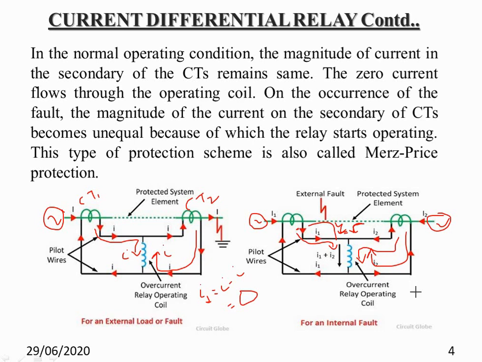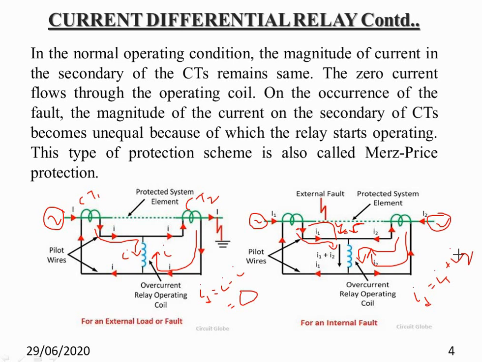So what is the differential current? Here the differential current will be Id equal to I1 plus I2. As this difference current is I1 plus I2, that means the addition of the secondary current of CT1 and the secondary current of CT2, a huge current is flowing through the operating coil of the relay.